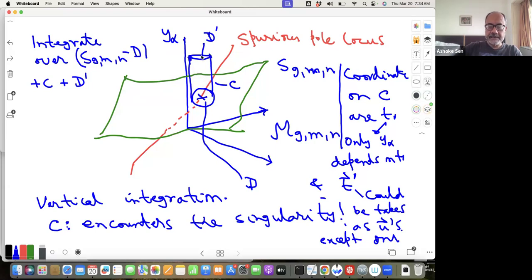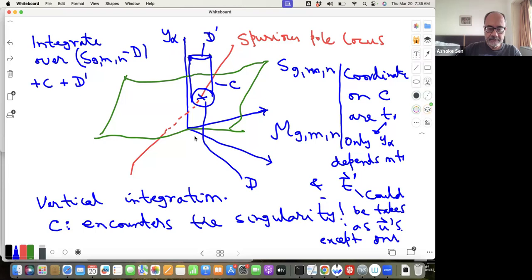And you can see that this is deformable to the original configuration, because you can just collapse the cylinder and make this into the original configuration. So the formal proof that it doesn't depend on the choice of section still goes through, except that you have to understand how to do this integral over the cylinder. Is this clear? Other questions?